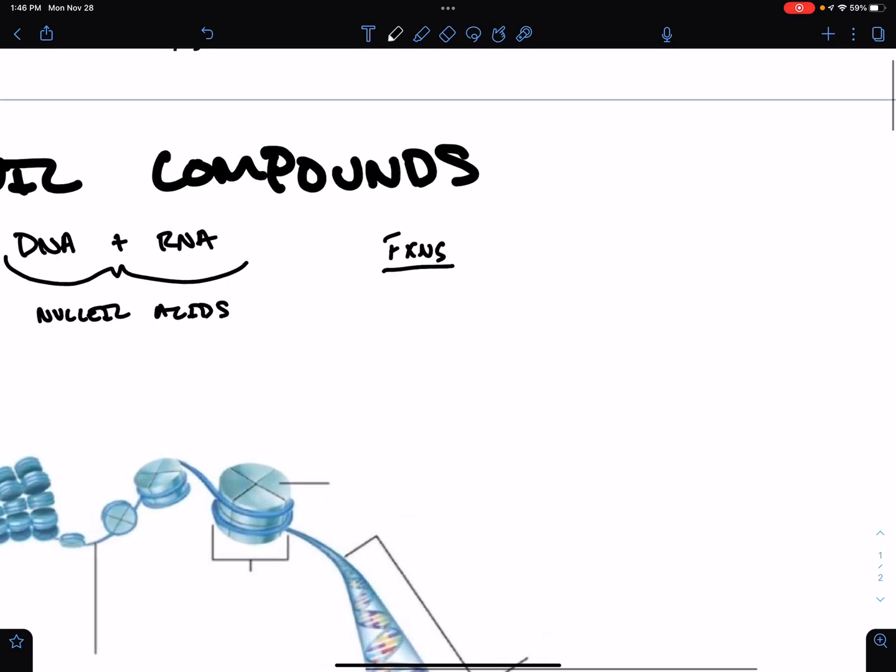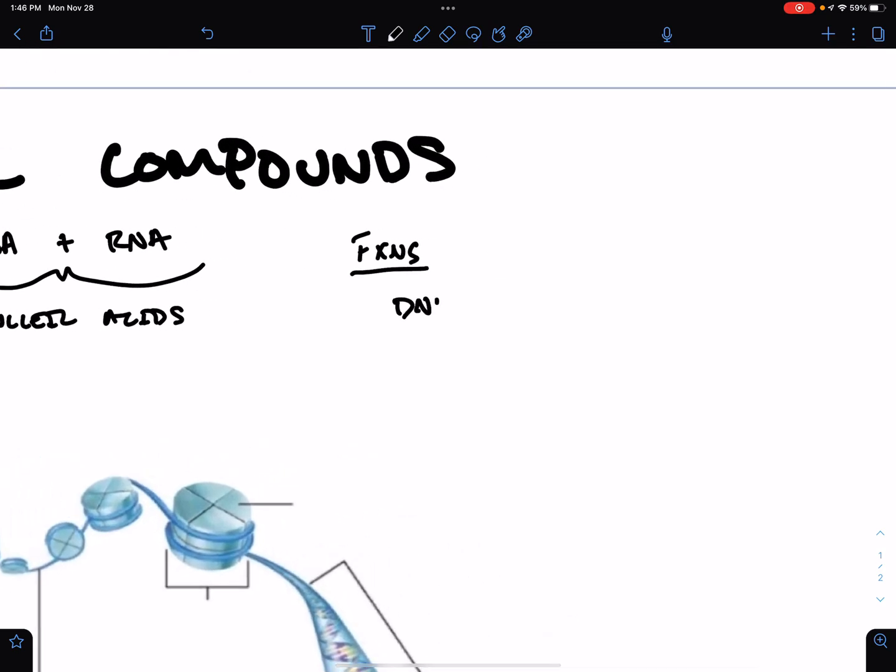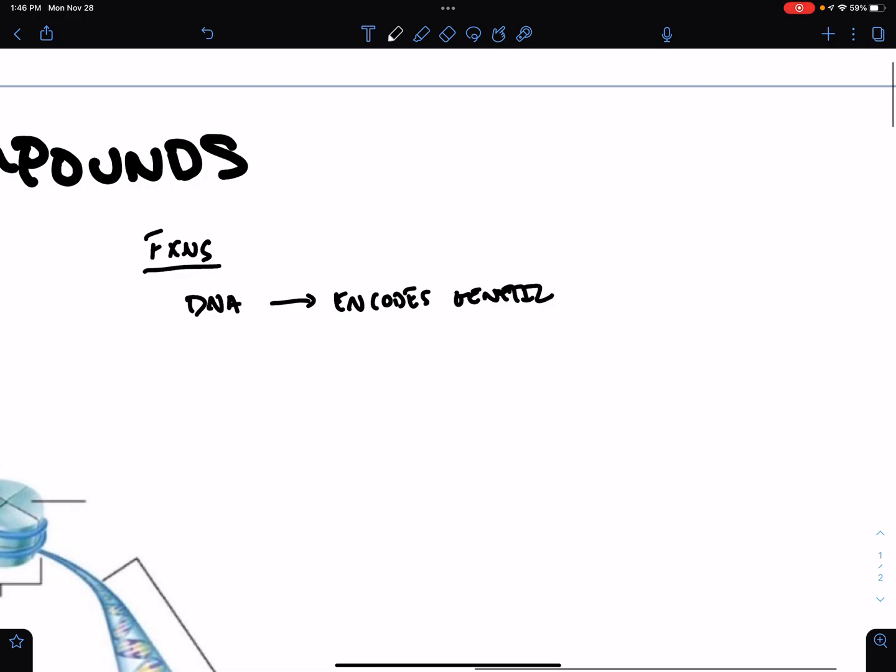The function of DNA is it encodes genetic information.